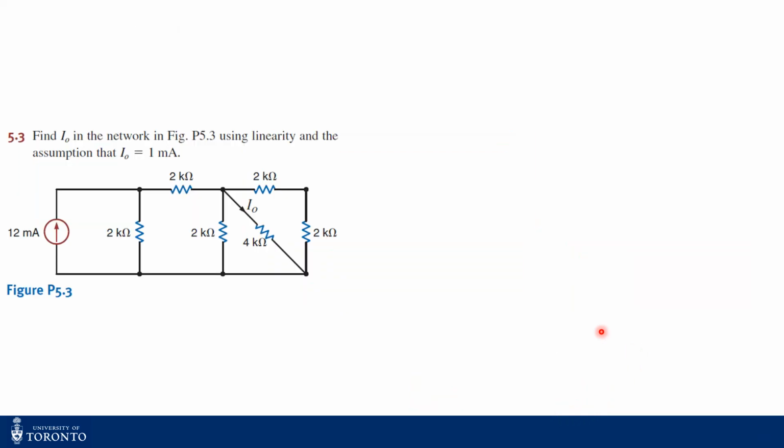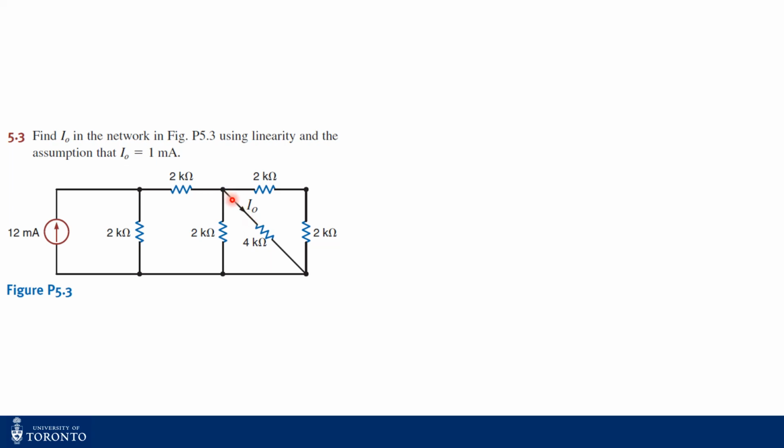So in this example, we see that you have to use linearity to find out I naught, assuming that I naught is 1 milliampere. So what you are assuming is that, okay, I want to find I naught, but I start by assuming that I naught is 1 milliampere.